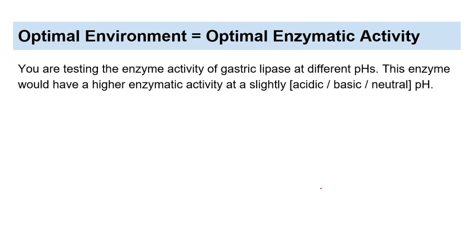Another practice for optimal environment and optimal enzymatic activity. You are testing the enzyme activity of gastric lipase. Again, speaking about the stomach. Lipase is the enzyme to break down the fat or lipid, and gastric means this enzyme should work in the stomach.